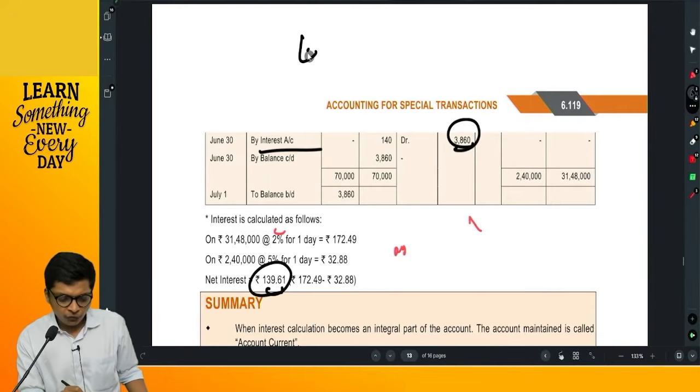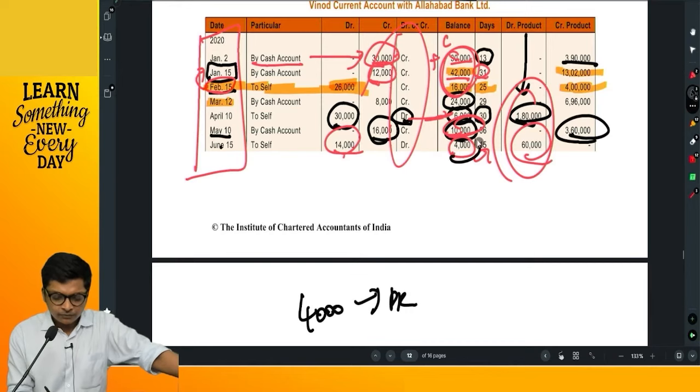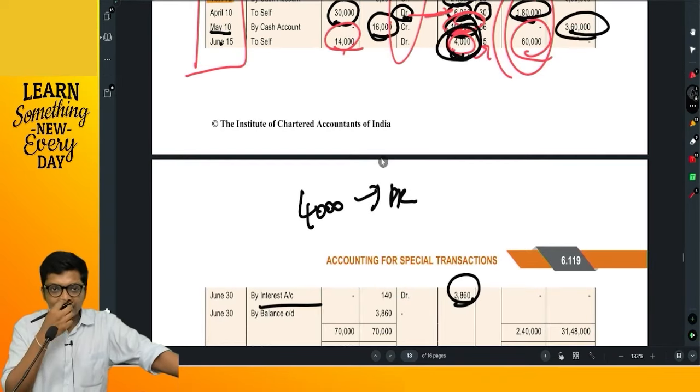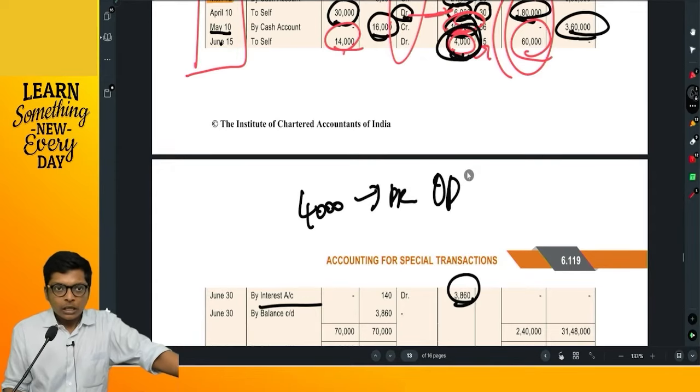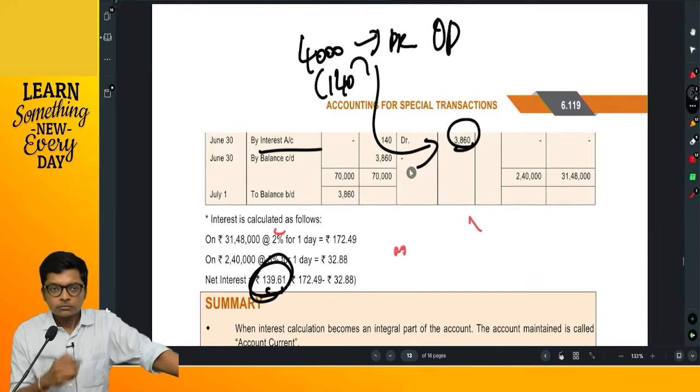Sorry. So 4,000 is the debit balance. Correct. 4,000 is the debit balance. From the 4,000 which I have, which is overdraft, I have to pay you interest of 140. So minus. That's it. So I'm reducing what has to be paid.